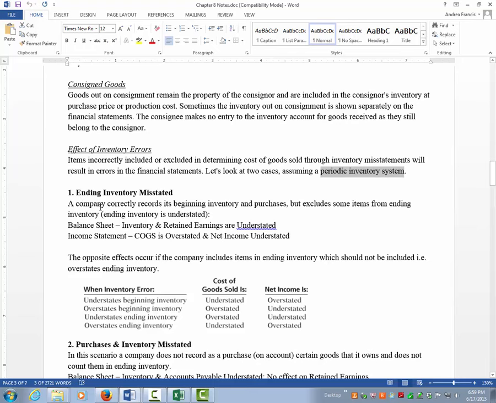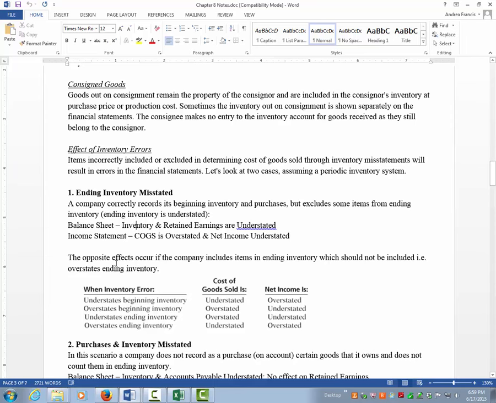what this example is saying is a company correctly records its beginning inventory and purchases, but excludes some items from ending inventory. So ending inventory is understated, which means that it's too low. If that's the case, then on the balance sheet, inventory will also be understated.